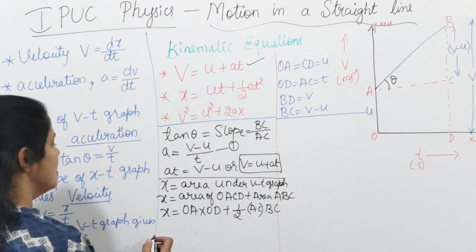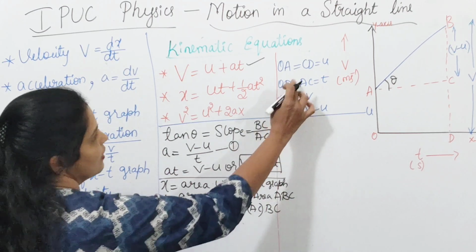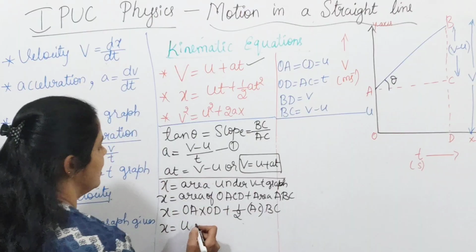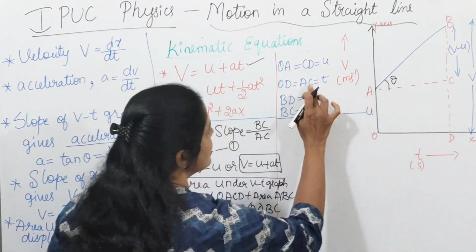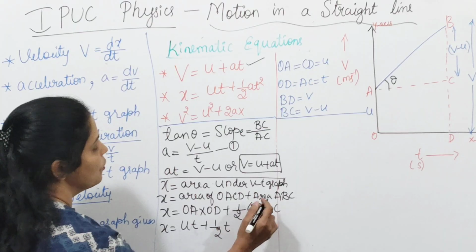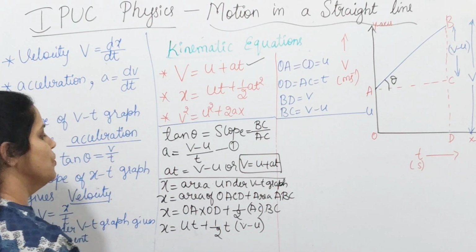So x is equal to OA into OD, which is U into T, plus half into AC, which is T, into BC, which is V minus U.